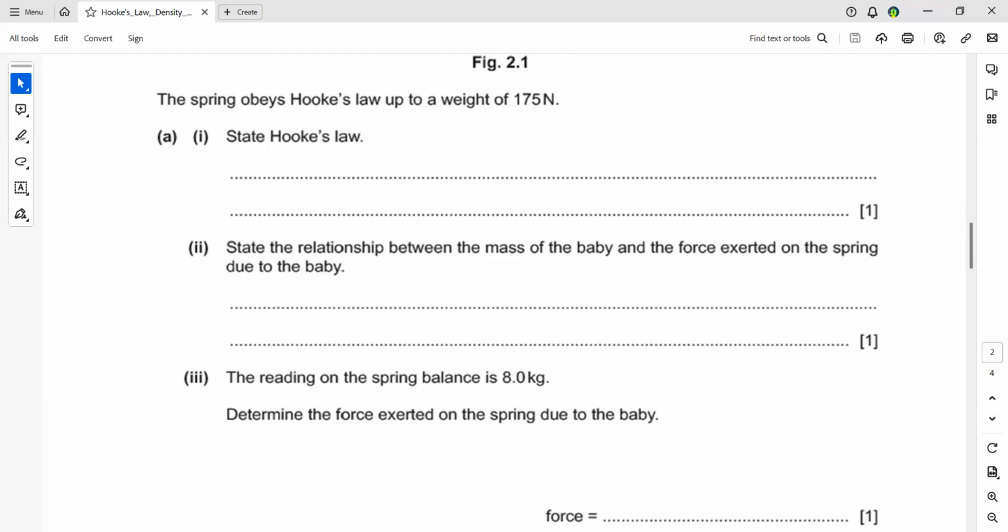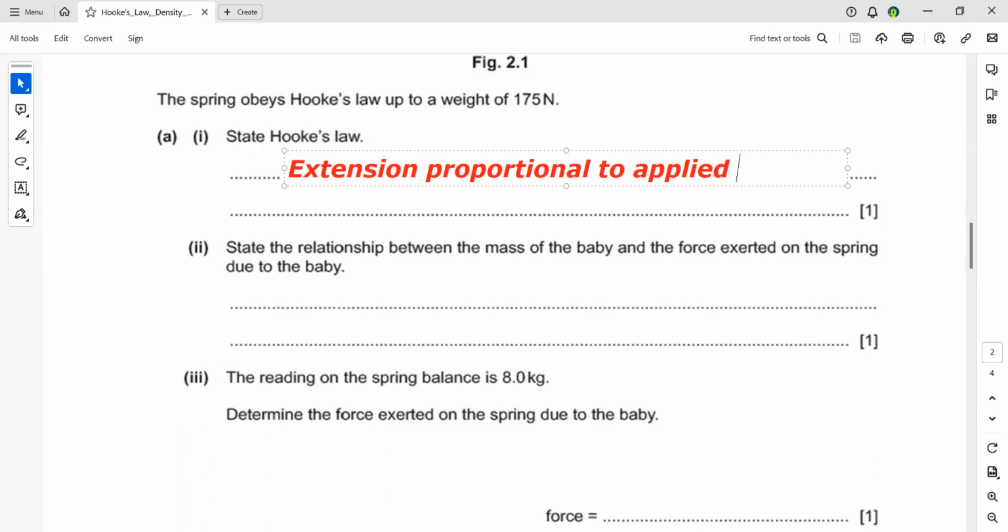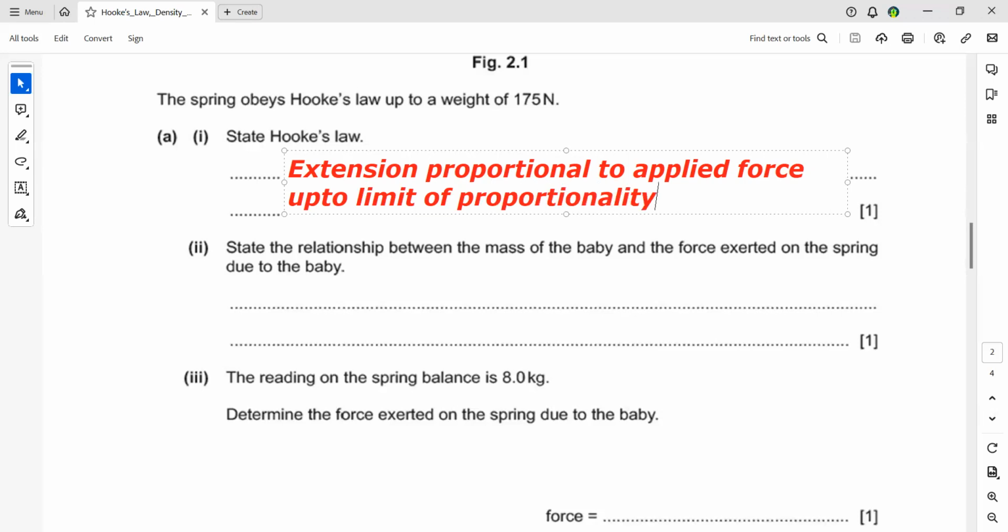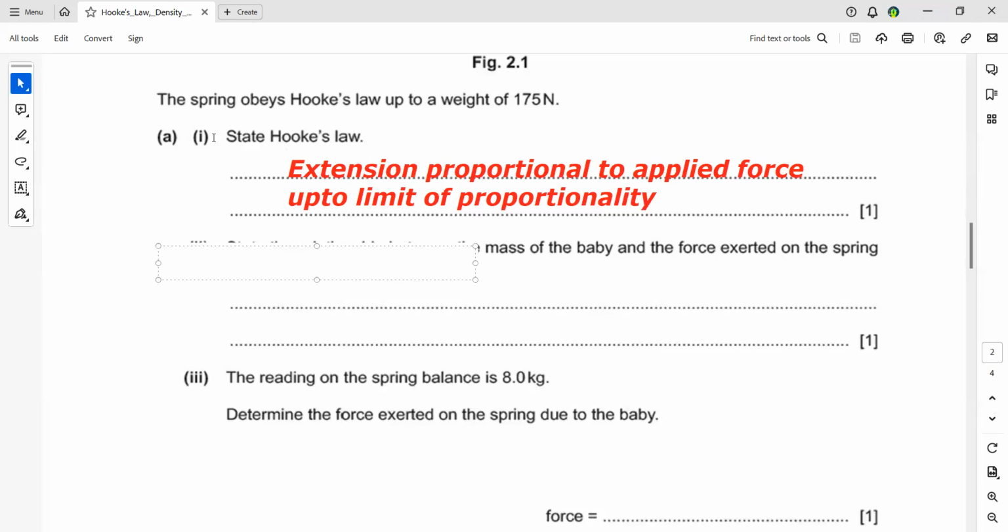It simply states that the extension of a spring is directly proportional to the applied force, up to the limit of proportionality. That is known as Hooke's law.